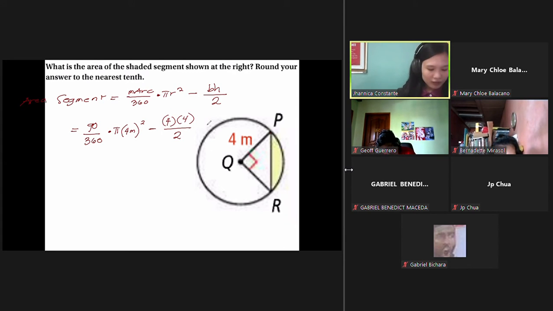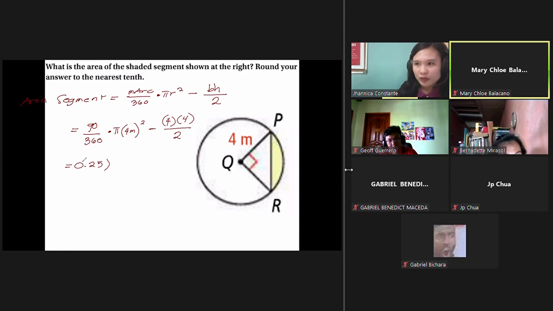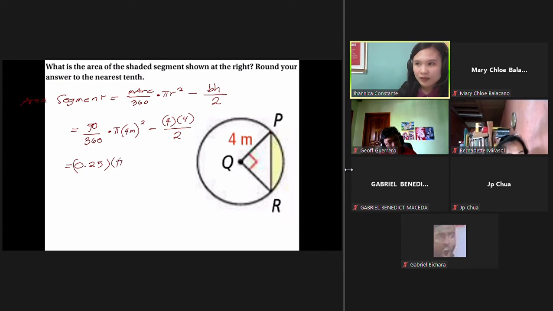So 90 divided by 360, we'll be having a 0 point. So 90 divided by 360, which is equal to 0.25, multiplied by pi times 4 meters squared, which is equal to 16, minus 4 times 4, which is equal to 16, divided by 2, which is equal to 8. So minus 8.